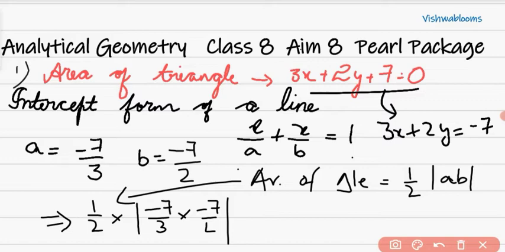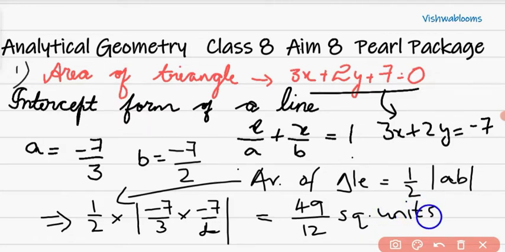So whatever you're multiplying, it is going to be positive only. Now minus 7 into minus 7 is 49, and 3 twos are 6, then 6 twos are 12. So it is 49 by 12 square units, and it is option D.